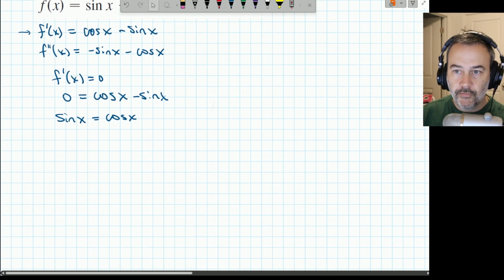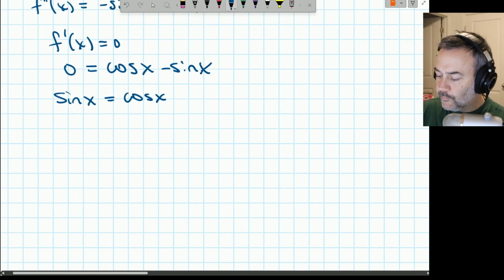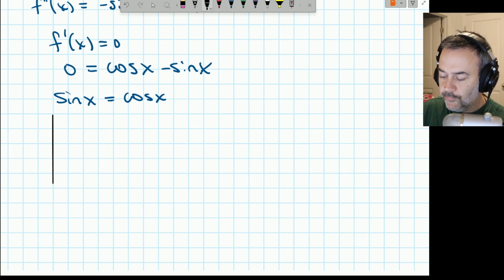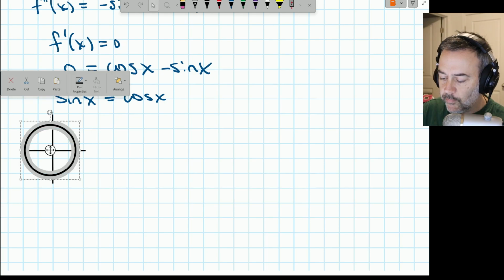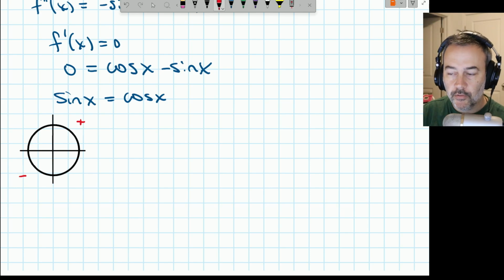There are a couple different ways to solve this using precalc. One is just thinking about the unit circle. Where on the unit circle would sine equal cosine? Well, they have to both have the same sign, and they're both positive in the first quadrant, and they're both negative in the third quadrant.